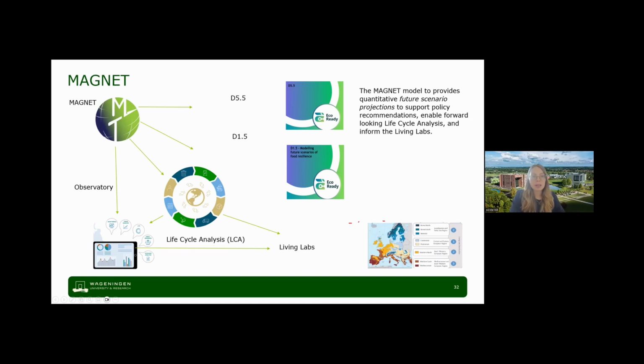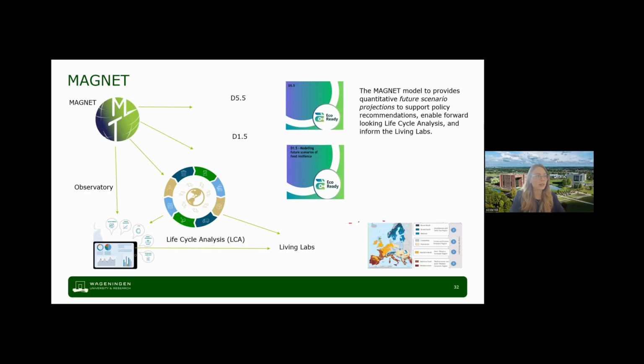But let's provide a very brief overview of what Magnet is doing for the ones that were not there last week. Magnet can provide quantitative future scenario projections. This is used a lot for policy recommendations, but in this case also to feed into life cycle assessment. And we have to say this is really a first attempt to match these.